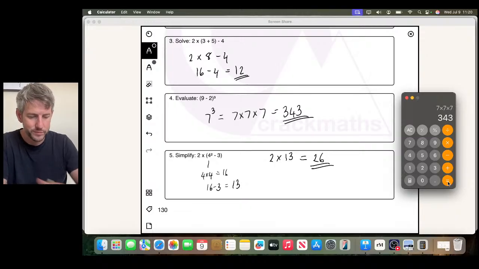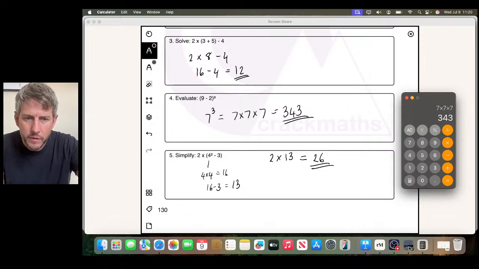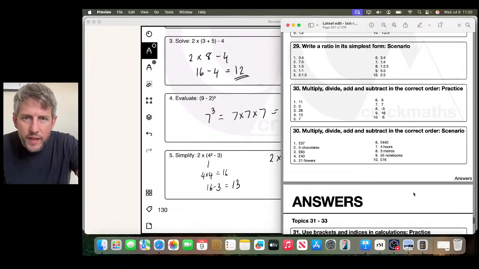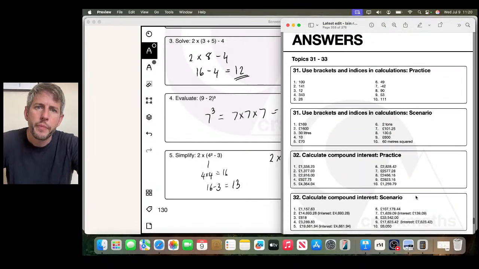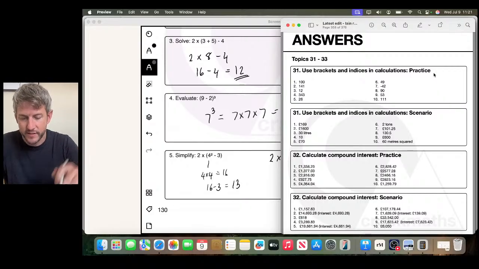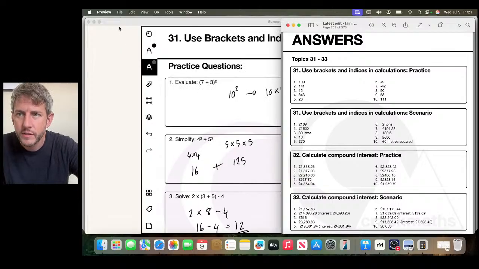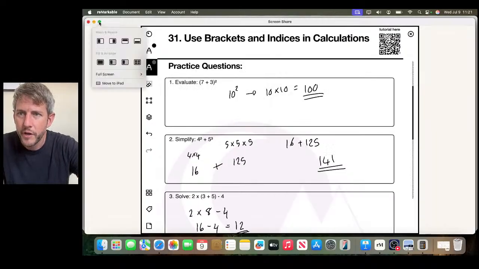Right, let's get this marked. I'm on the right section for the answers. 31, use brackets and indices in calculations, practice. Let me just make it so we can see both.